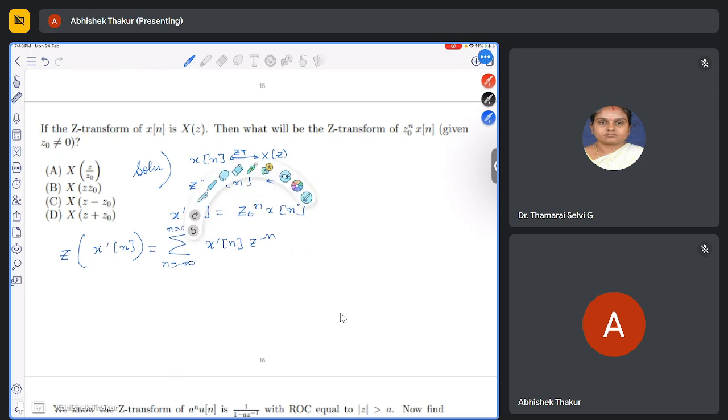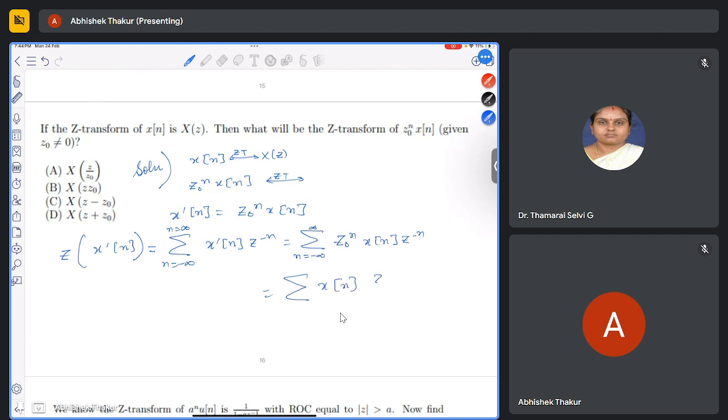This will become z by z naught to the power of minus n, and we can easily say this is X of z by z naught. So option A is correct.